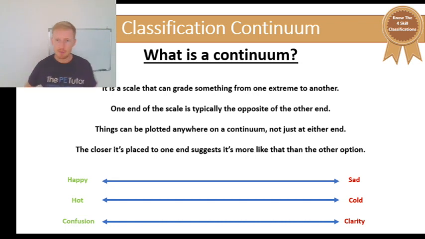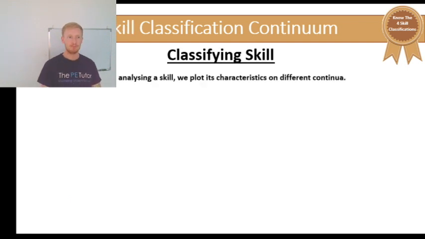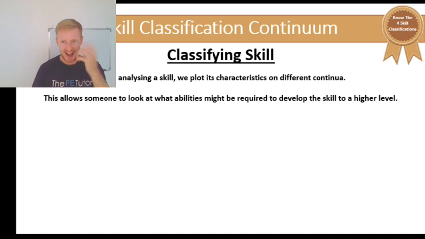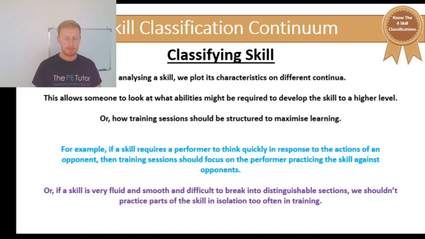And we can do the same things with skills. So first of all, we need to know what the categories are. What are the categories that we can talk about a skill with? So we need a way to analyse the skill. And we've got these four categories which we're going to go on to in a second. So why do we want to classify a skill?